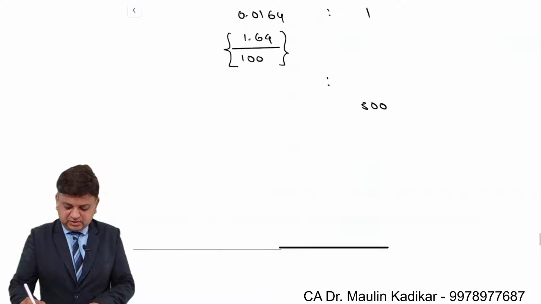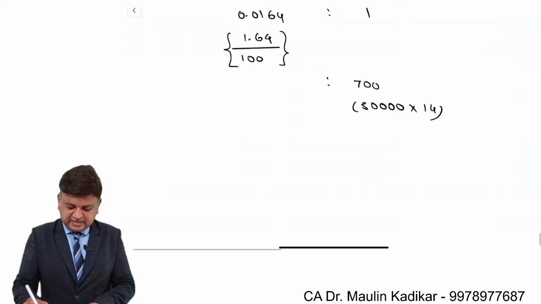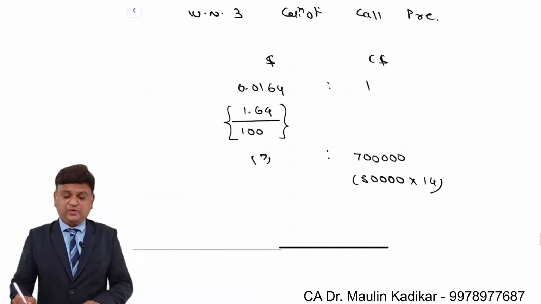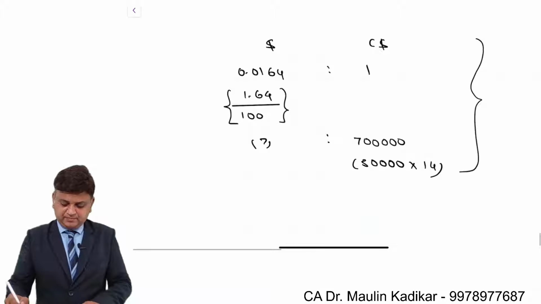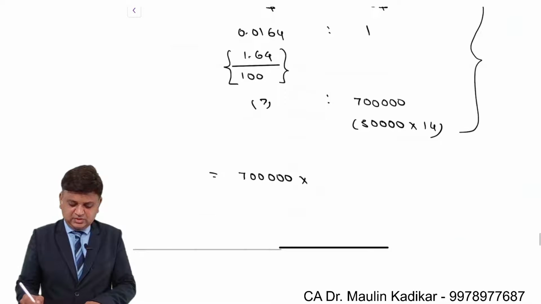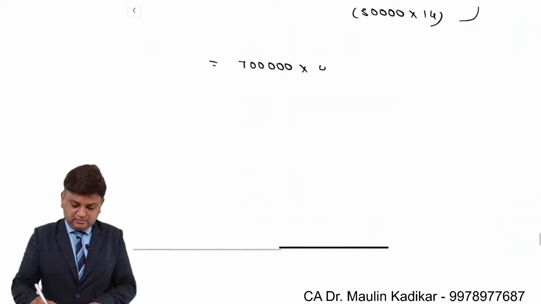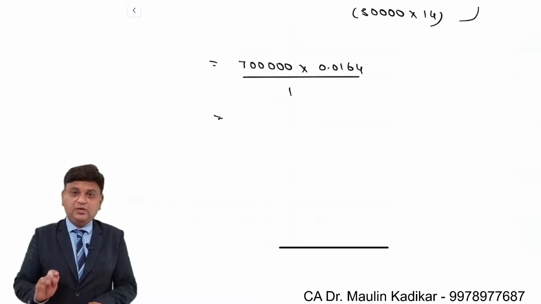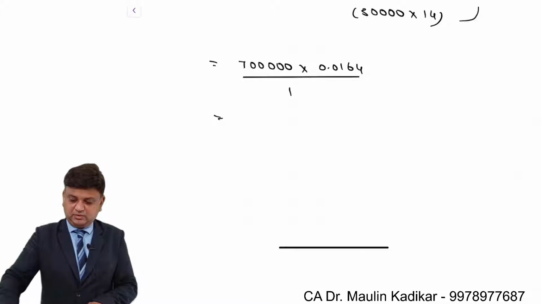So it is 50,000 into 14. That comes to 7 lakhs. So to purchase the right for 7 lakhs Canadian dollar, you have to pay this amount in the form of premium. 7 lakhs into 0.0164 divided by 1, because only 14 contracts are entered upon.